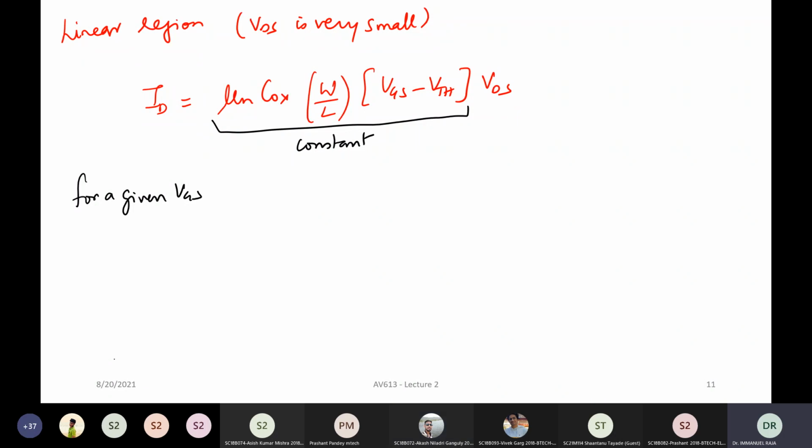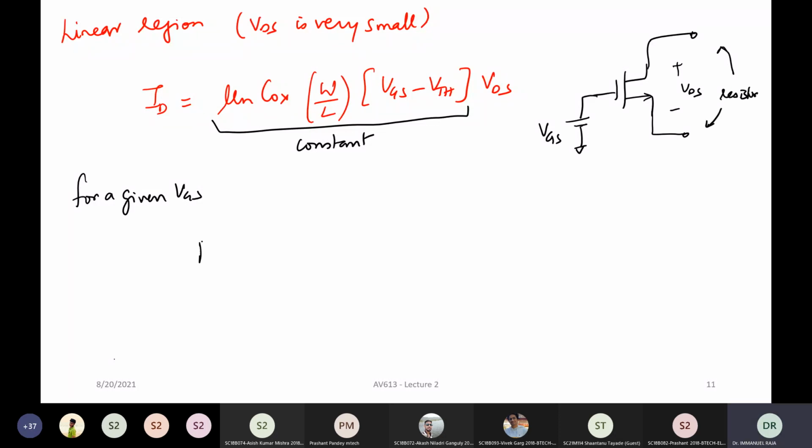So if you take this NMOS transistor, and you put a certain VGS here, let's say the source is grounded, as long as this voltage VDS is small, between these two terminals, it need not always be grounded, this basically acts as a resistor.